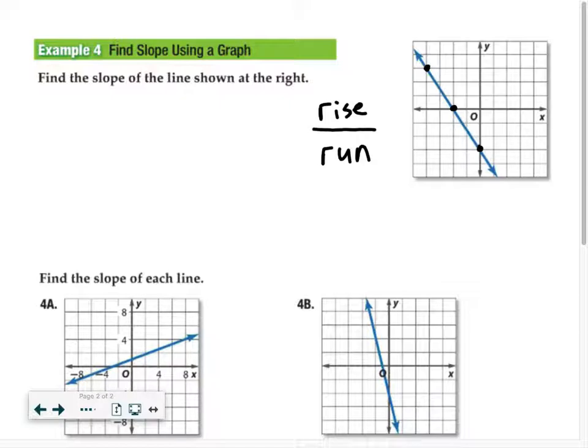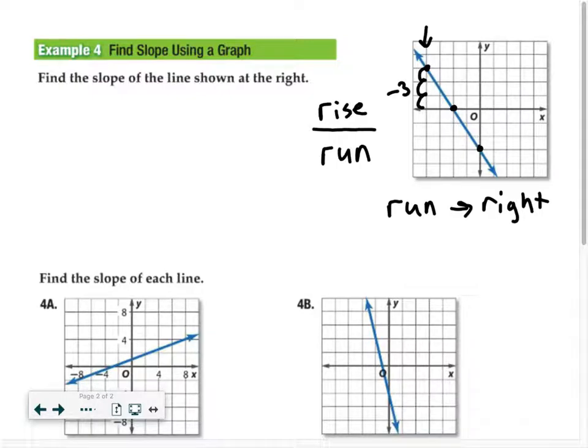So the way I always do it, I always run to the right. I start at the point furthest left, so I would start at this point here. Now I determine whether my sign is going to be positive or negative by whether I go up or down. I go down 1, 2, 3, so I went down 3, which is negative 3.